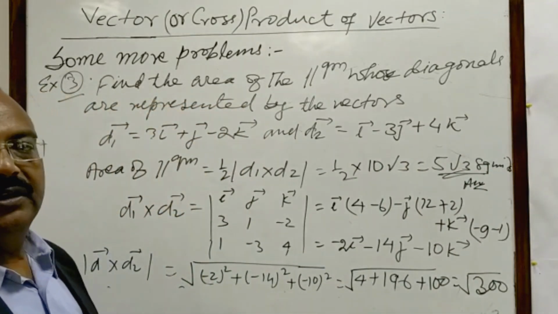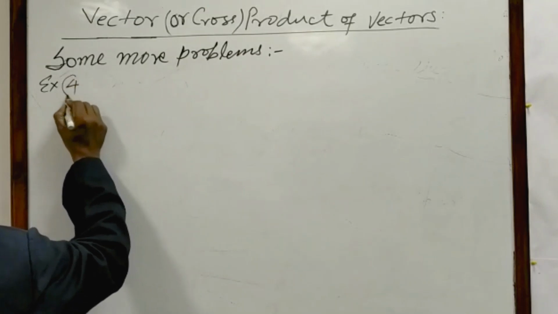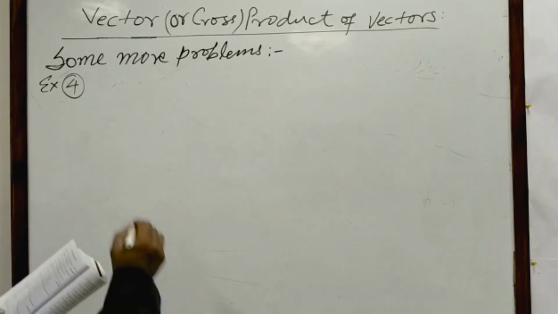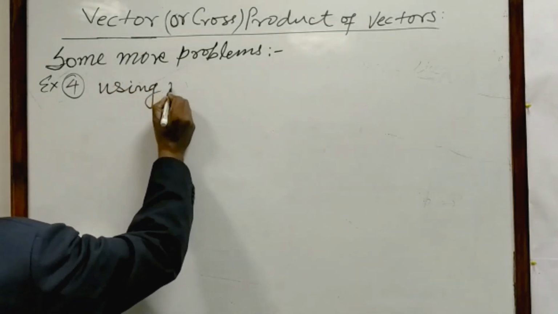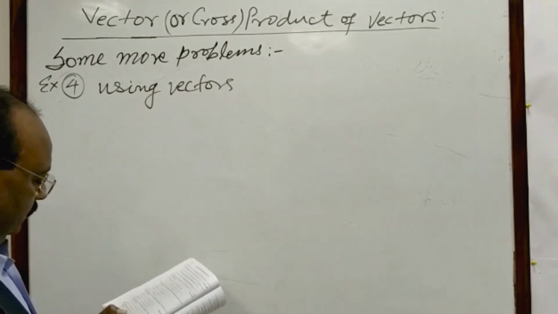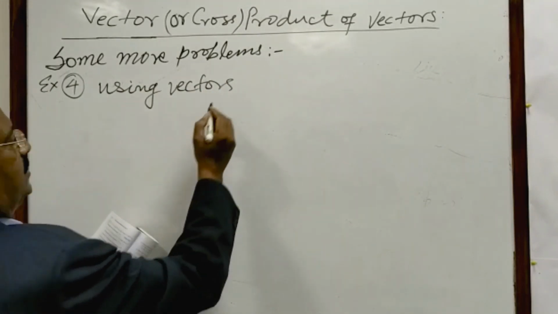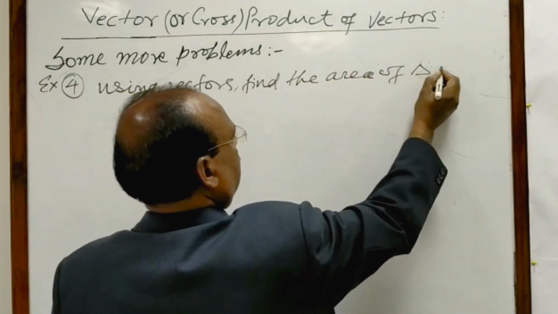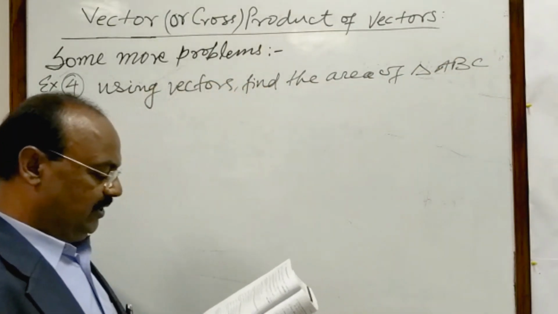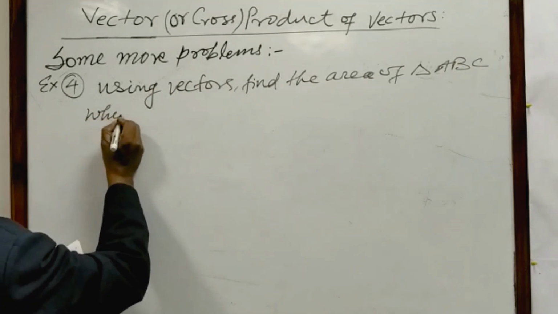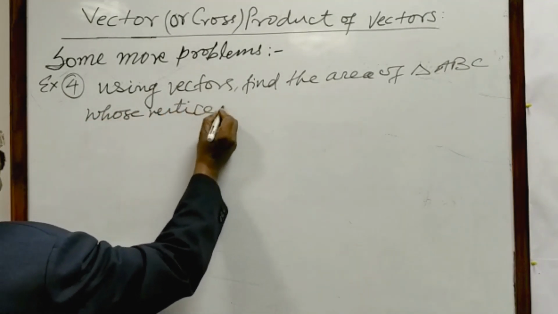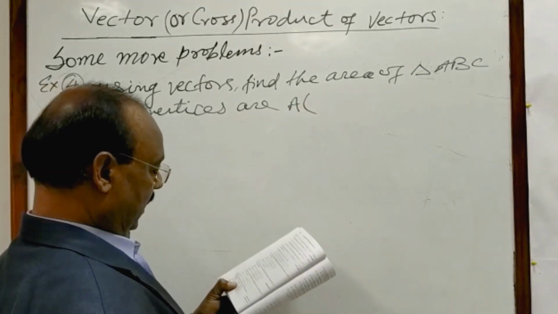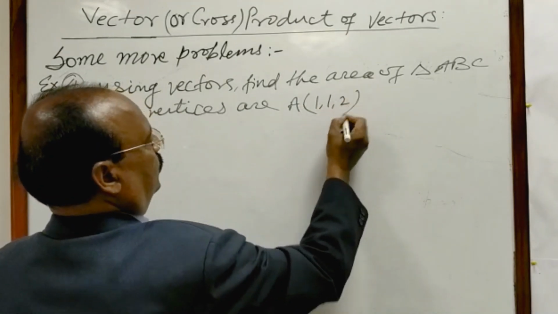Now let us see one more question, the last question for this video. The next question is using vectors. Find the area of triangle ABC whose vertices are A having coordinates 1, 1, 2.